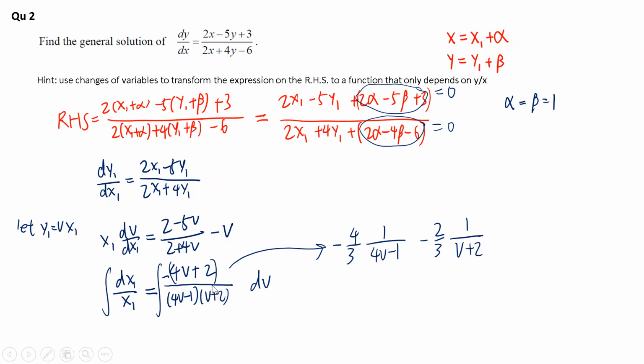After you do this, you can integrate this term, and then the final answer follows, after you substitute v back to y1 and x1, and then of course further back to x and y. I skip all the steps, because what follows is just standard, some tedious algebra.